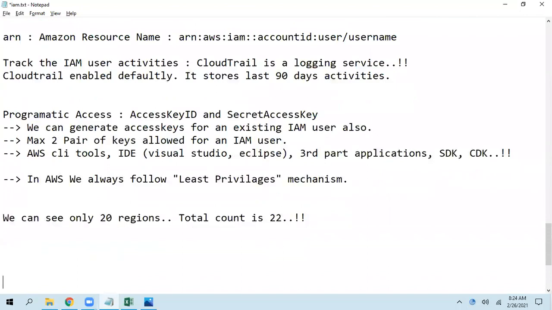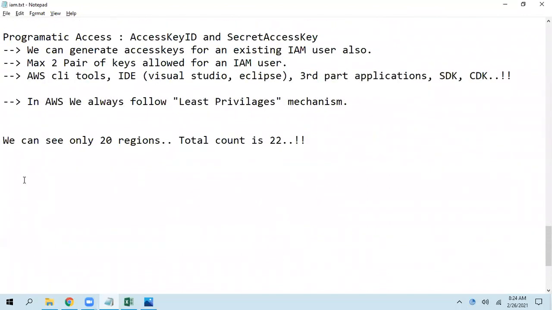Where are the remaining 2? Basically, one is for the China region and the second one is US GovCloud.